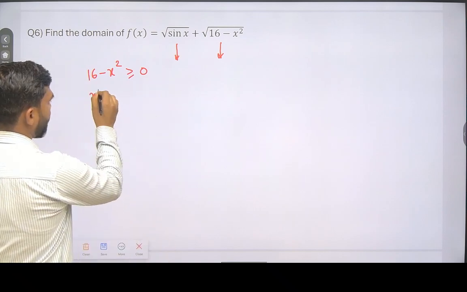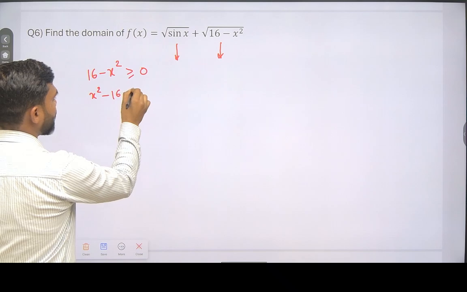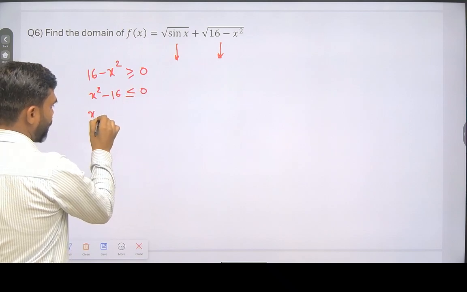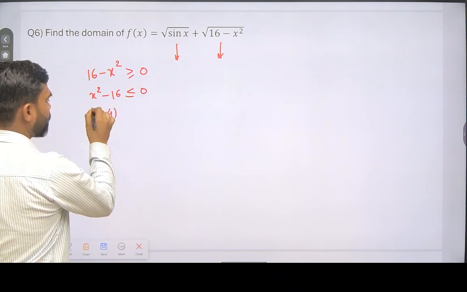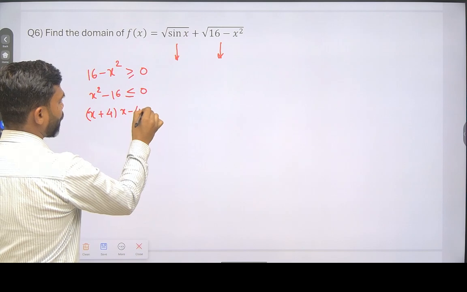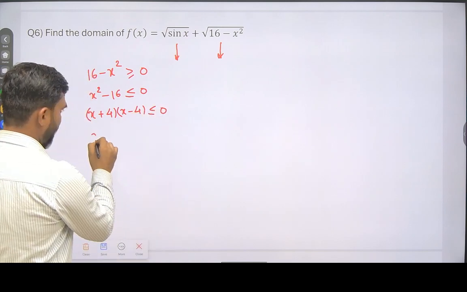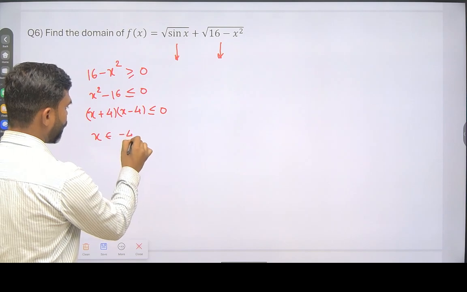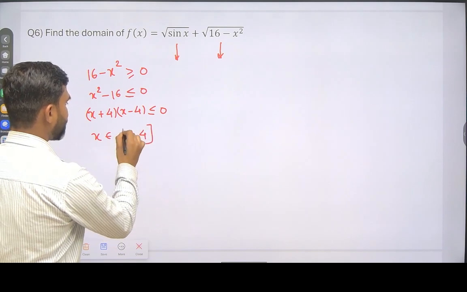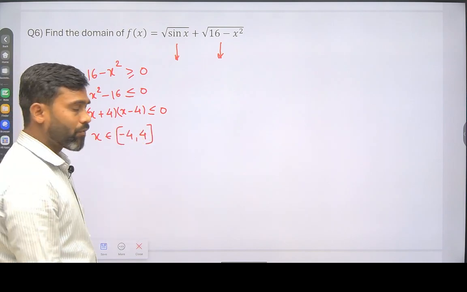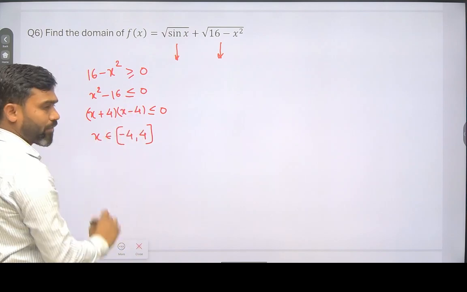So if you multiply by minus sign, you will get x square minus 16 less than or equal to 0. If you factorize this, you will get x plus 4 into x minus 4 less than or equal to 0, right? So x belongs to minus 4 to 4. So this is what we have got.